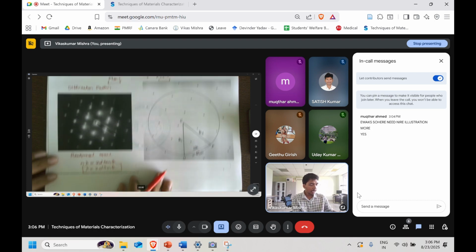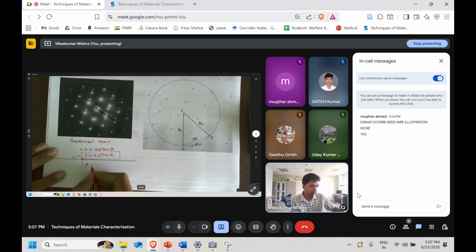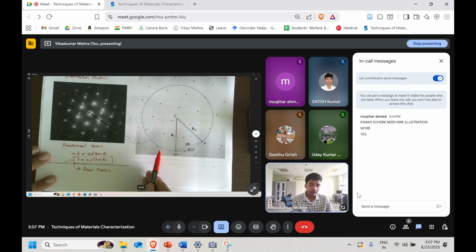Now see, n lambda equals 2d sin theta is Bragg's law in real space. The Ewald sphere is one way to express Bragg's law in reciprocal space.